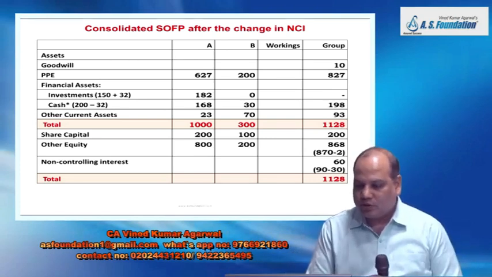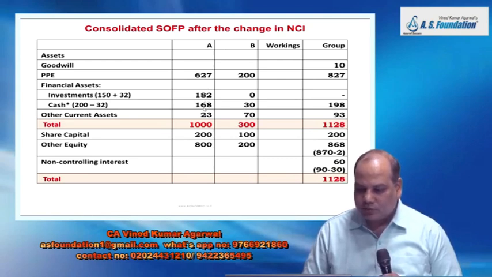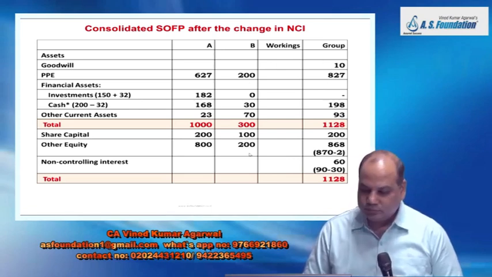Now check the answer on the screen. In the standalone, investment increased by 32, cash reduced by 32. Remaining figures are the same. B will not get affected at all. So B's figures will remain the same.